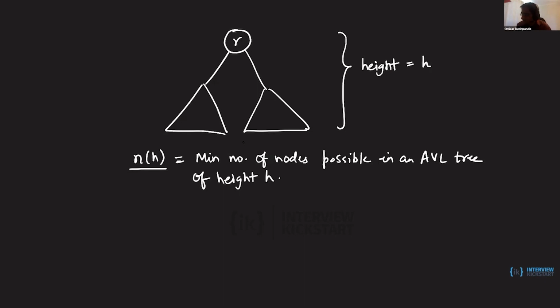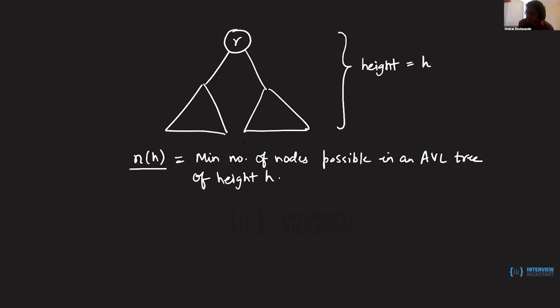So if we want this tree to be the smallest possible, the balance factor at the root can't be 0, because if the balance factor is 0, that means we have both trees on the left and right having the same height. But we are trying to look at the smallest tree of this height h. So why not make one of the subtrees be of height h minus 1?